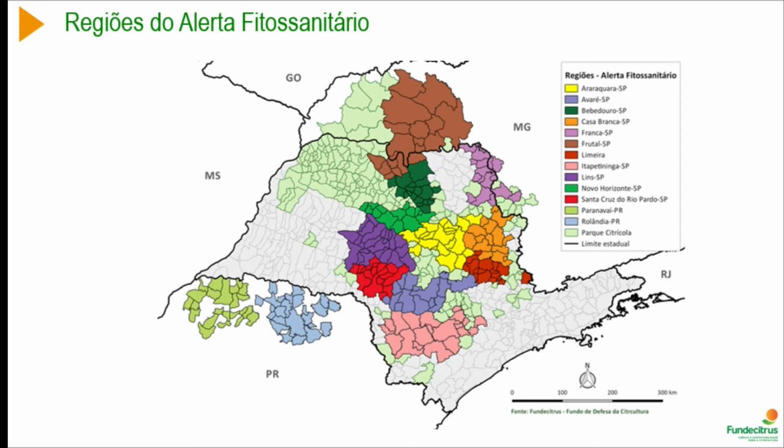There are 11 regions in São Paulo, and each one of them has a reference city, such as Araraquara. There are also 2 regions in Paraná State, where we have a partnership with Cocamar, which also holds the plant health alert.